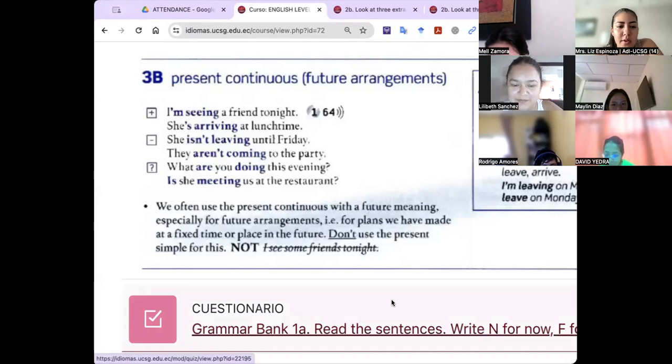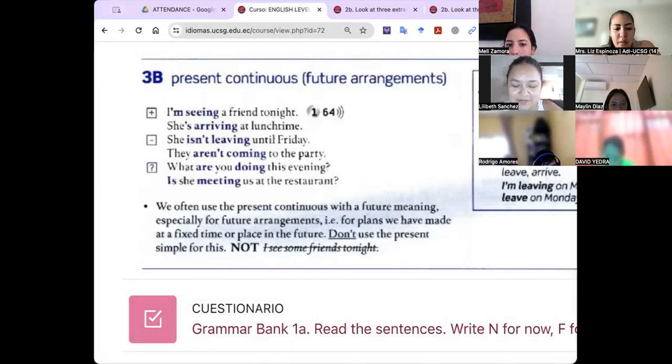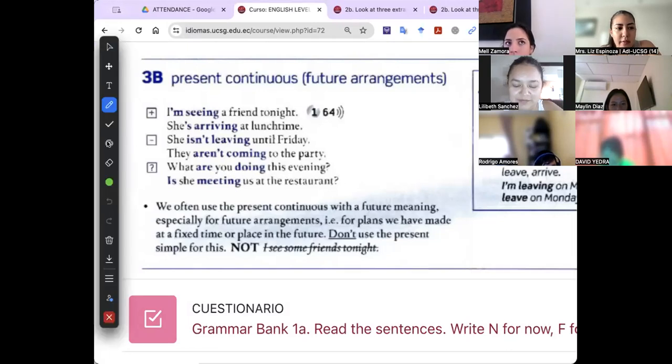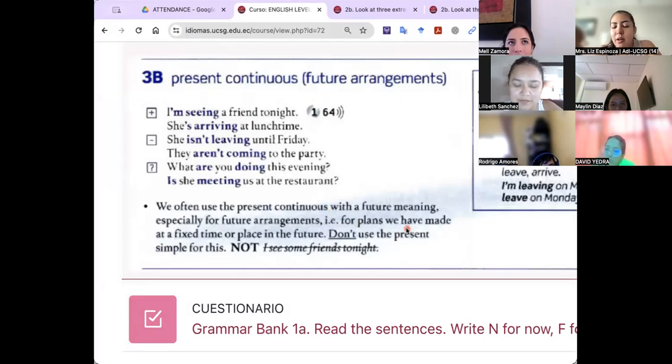Okay, thank you. So these future arrangements, remember that in the title we have it, future arrangements, right? They are plans that you have, but small plans that you do in a very close future.